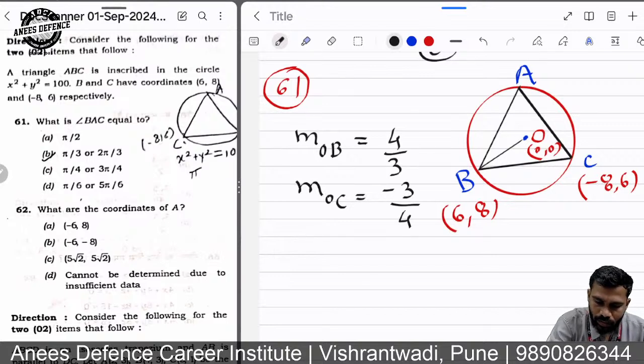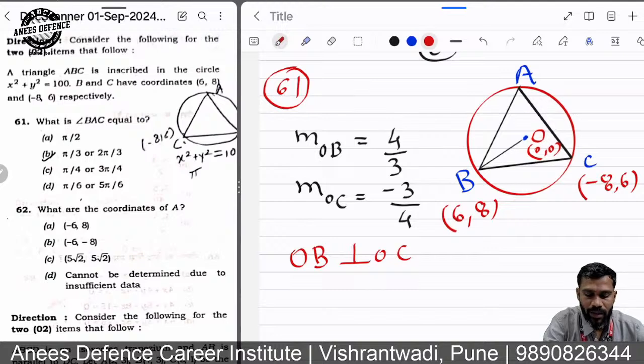So they are negative reciprocals of each other. It means OB and OC will be perpendicular to each other, right? It means the angle is 90. This angle will be 90, right?